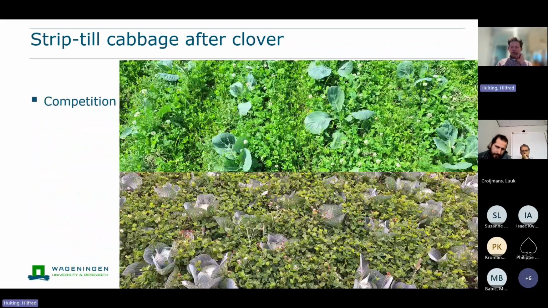But then later in the season, this is more or less the picture. So, okay, you have the cabbage, it will survive, but it will not reach its full potential as a cabbage crop. I can spoil already.